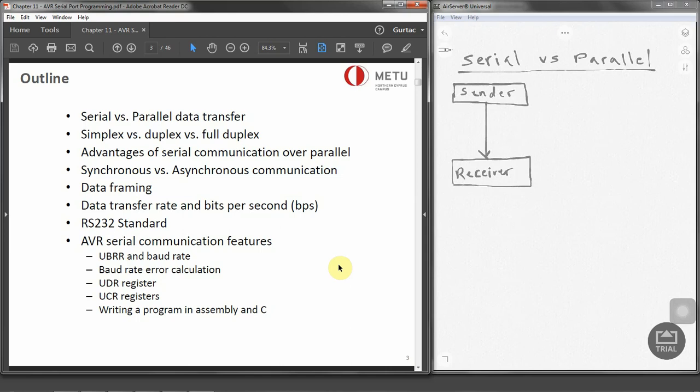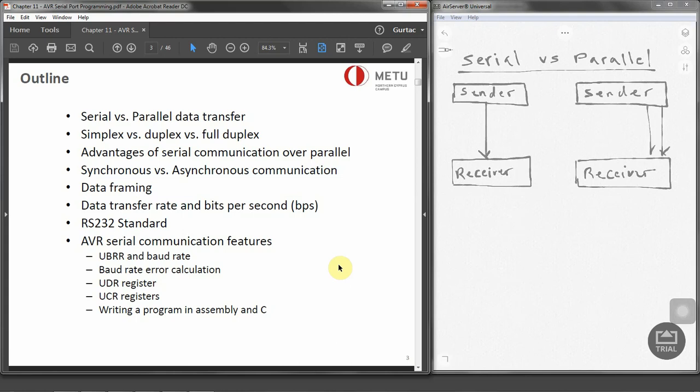And when we talk about parallel, we have the sender, the receiver, and parallel lines.